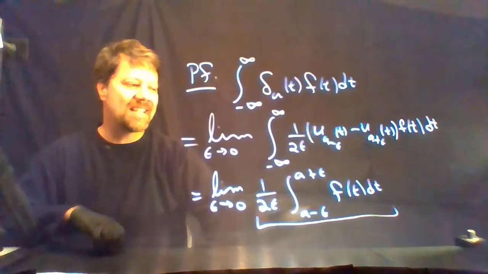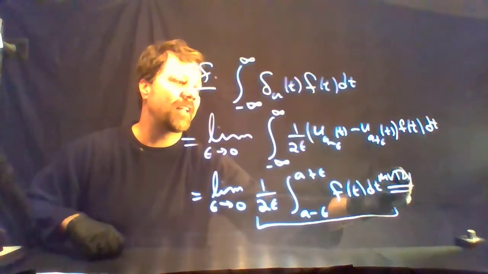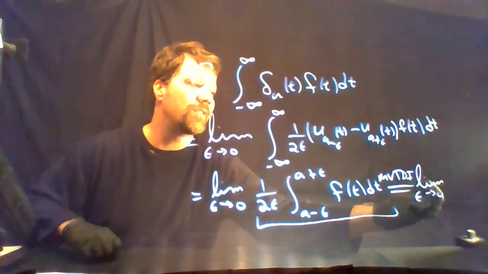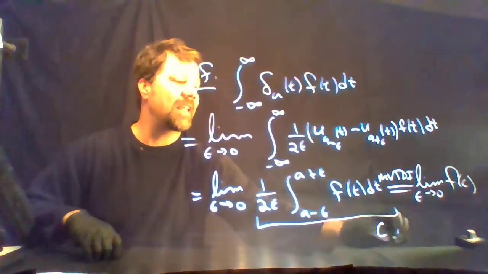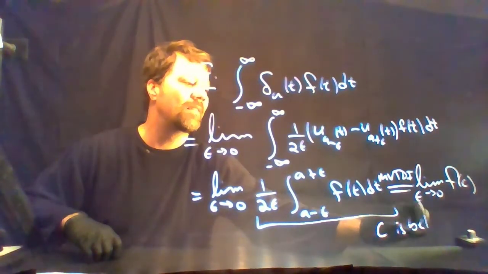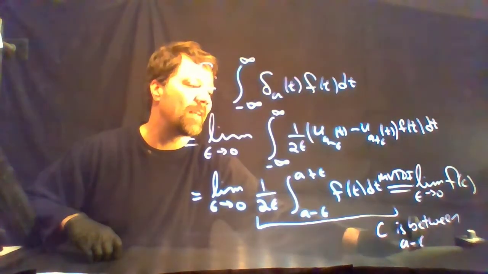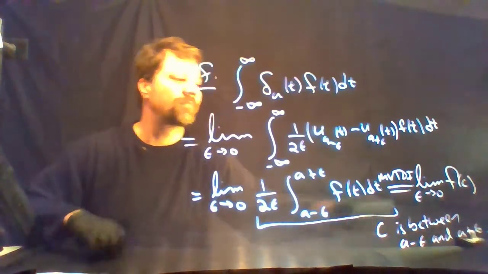If that's the case, by the mean value theorem for definite integrals, I must get the limit as epsilon goes to 0 of f of c, where c is between a minus epsilon and a plus epsilon.